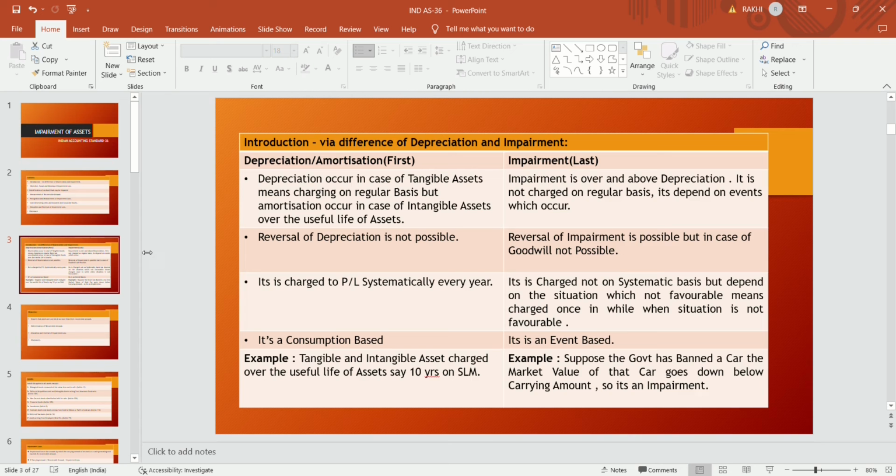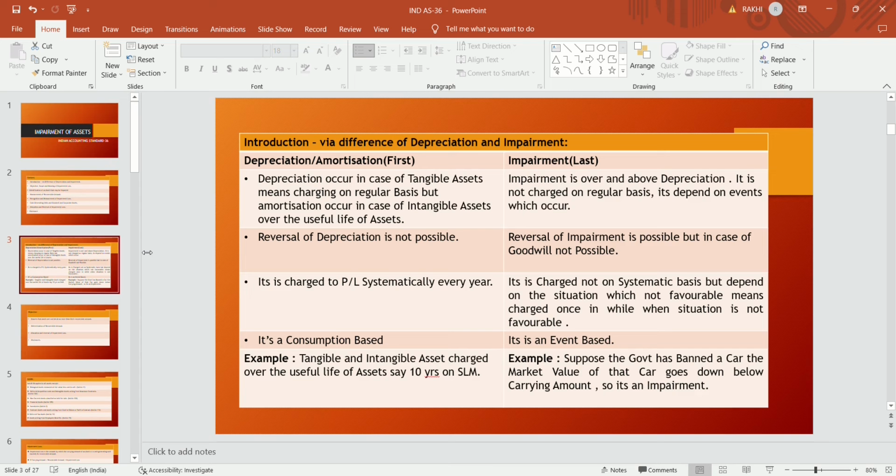Now the examples: tangible and intangible assets are charged over the useful life of the asset, say 10 years on a straight line basis. Depreciation is charged over the useful life of the asset, we can say 10 years, 15 years, depending on the useful life of that asset.